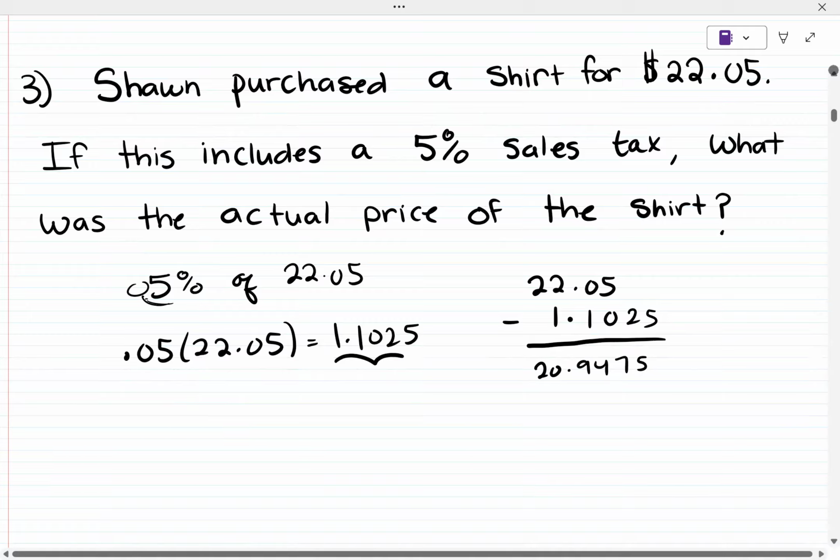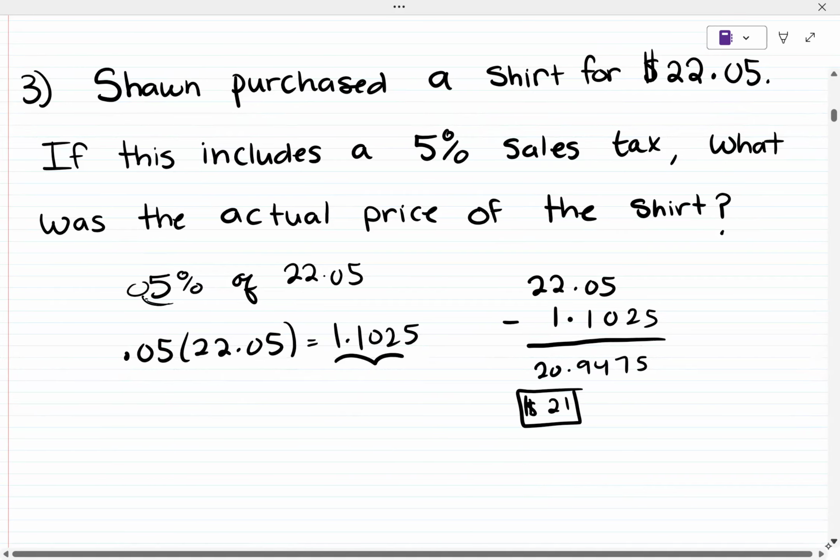Now, the correct answer is 21 because they rounded to the nearest full dollars. And as you can see, you can use this answer and see that it rounds to 21 and you'll see that one of the choices is 21 and you would pick that one, right? Okay, that's one way you could do it.